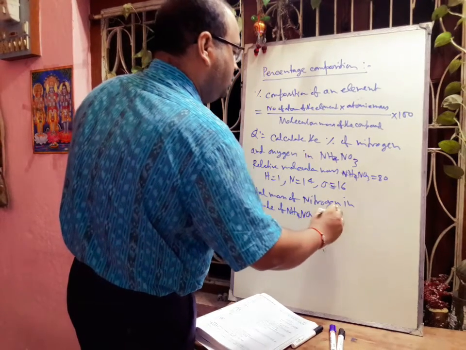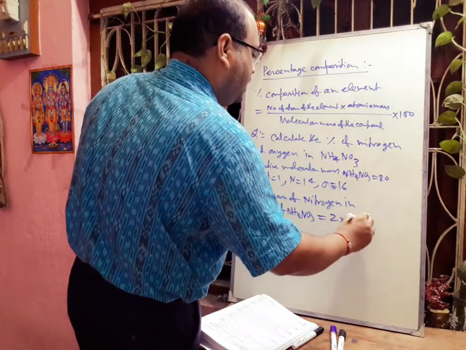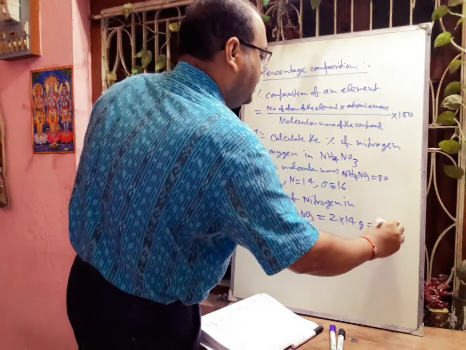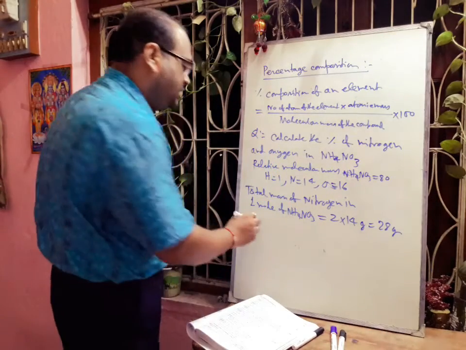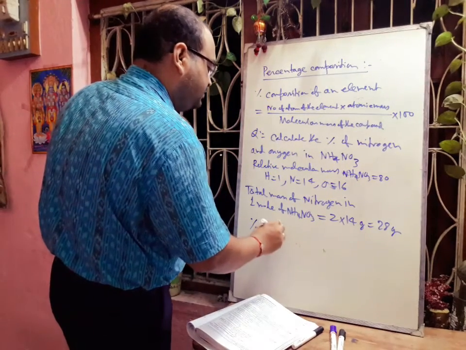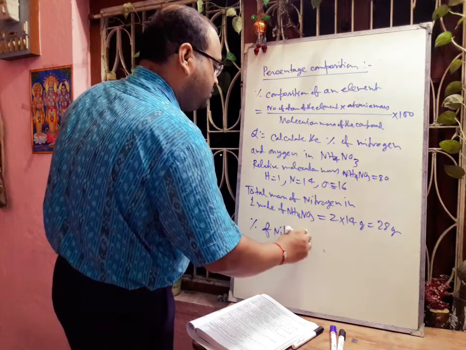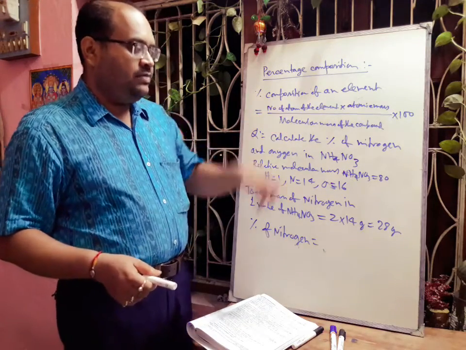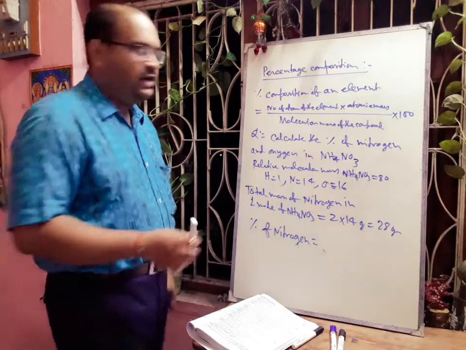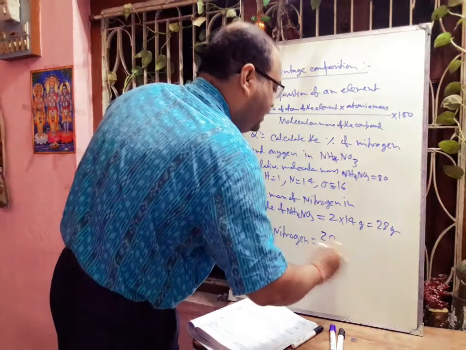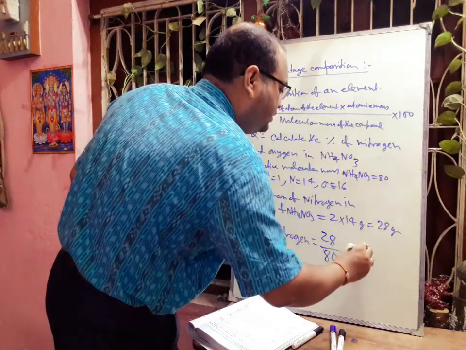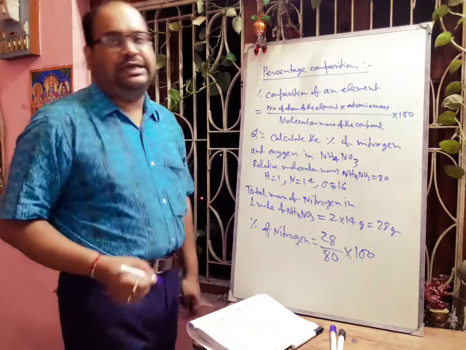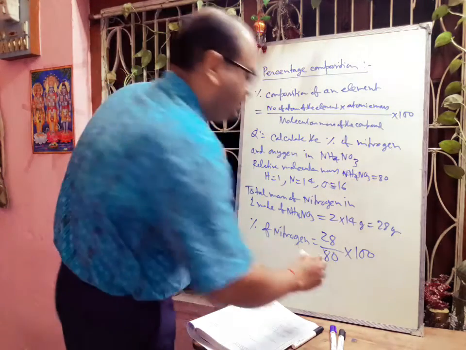That will be equal to 2 into 14 gram, that will be 28 gram. So the percentage of nitrogen will be 28 divided by 80 into 100. If you calculate it, we will get 35%.